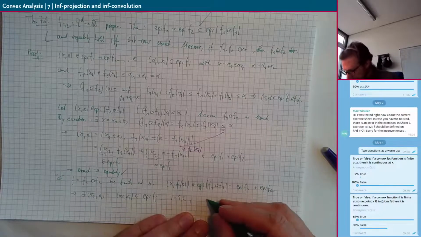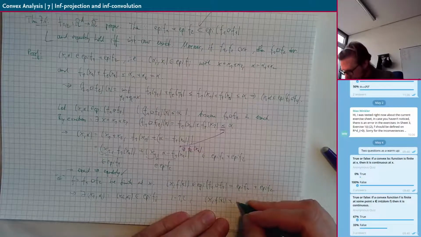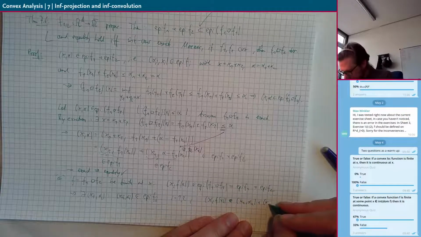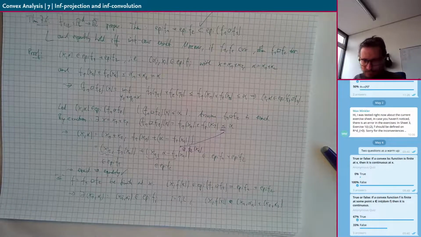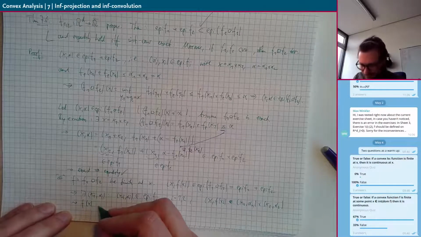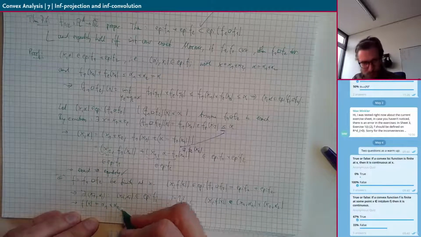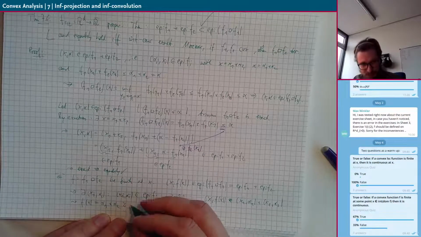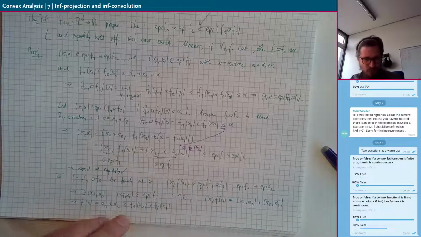And of course you can decompose x and f of x, so x is equal to x1 plus x2, and f of x is equal to alpha 1 plus alpha 2. Because both are in the epigraphs, this is larger or equal to f1 of x1 plus f2 of x2.